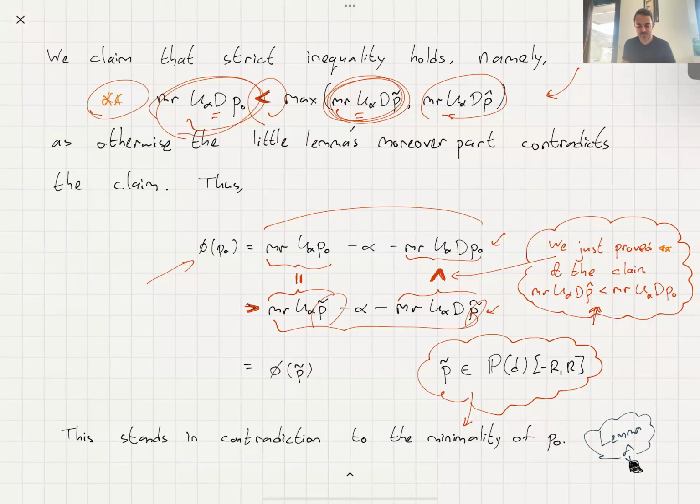Everything is tilde here. Now, p tilde is also an element here, if you recall from the pinching lemma. That's what I said before. And that's a contradiction to the minimality of p0. Right? p0 was the minimal element there, and now we found some other element that attains a strictly lower value. Good, so that's the proof of lemma A. It's a bit convoluted, but that's the proof.